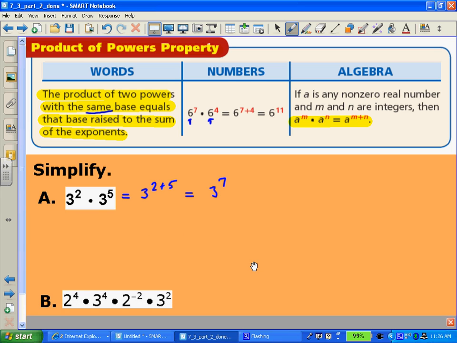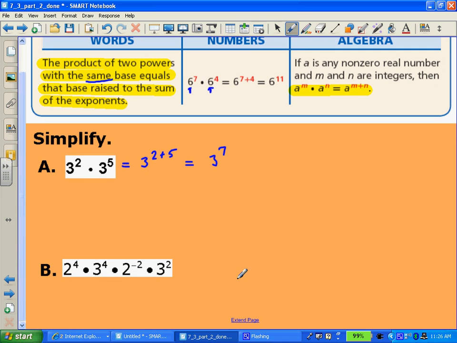Okay? Let's look at another one here, a little more complicated one. Notice here that I have two different bases. I have a base of 2 and a base of 3. So I'm going to group them according to their bases. So I have 2 to the 4th times 2 to the negative 2nd, and then I have 3 to the 4th and 3 to the 2nd.